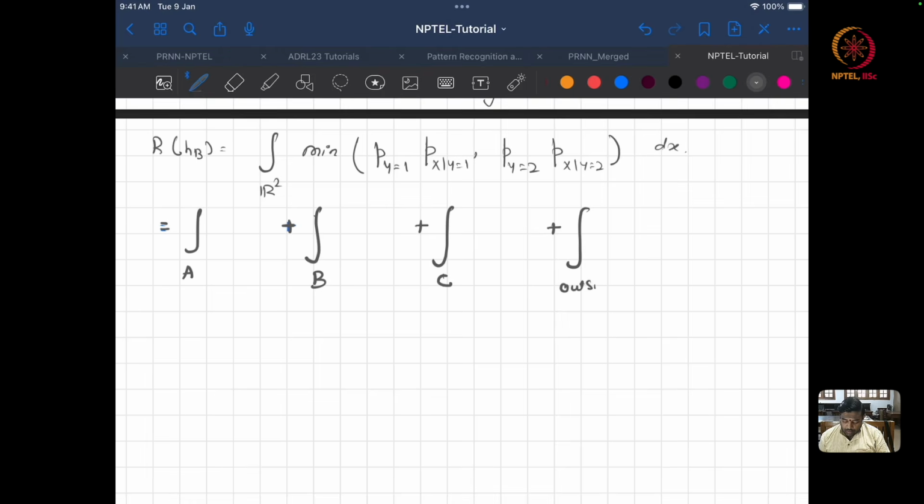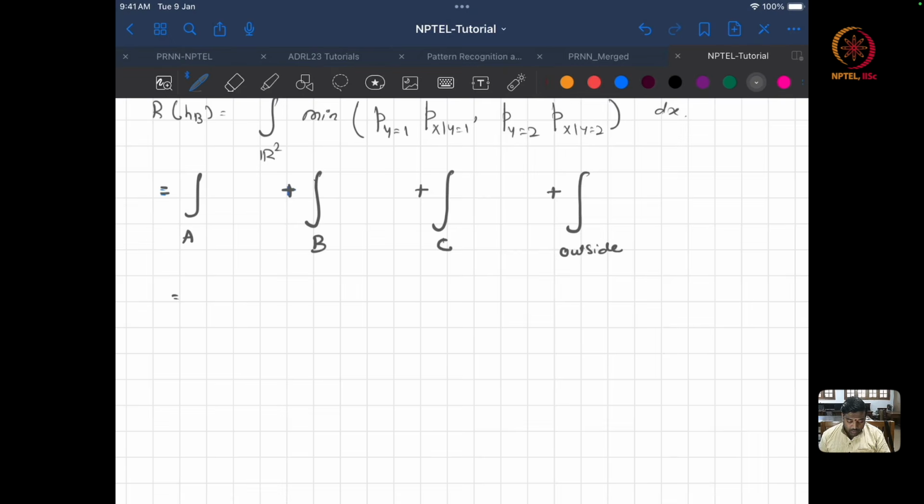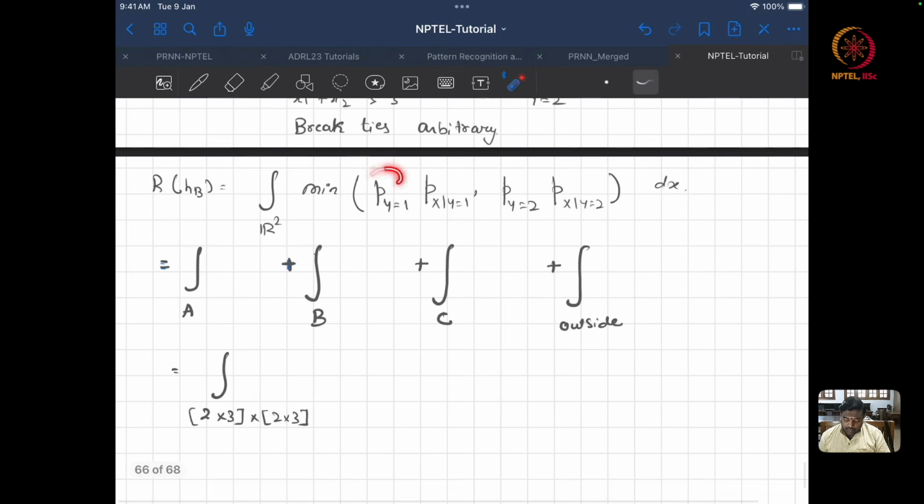Now you can ignore the outside. This is 0, 0, 0. No need to worry. I just need to worry about this particular region while computing the risk. Therefore, it is nothing but 2 cross 3 into 2 cross 3. I should be only worried about this region. And what is the value? This is half.